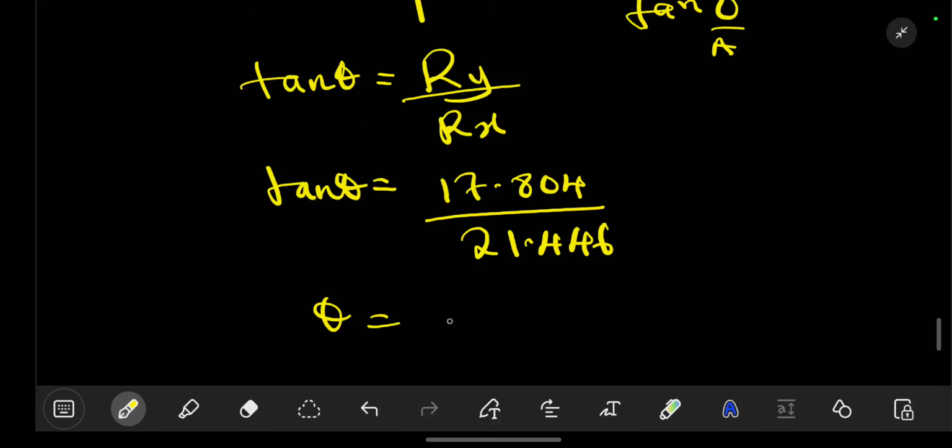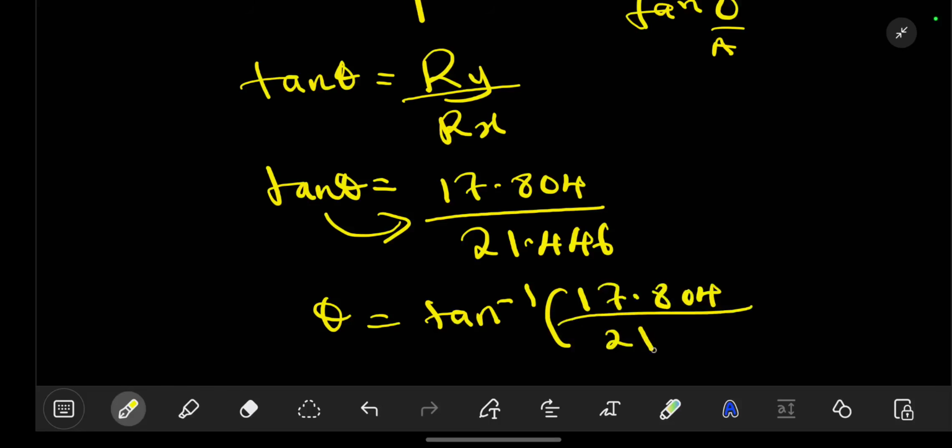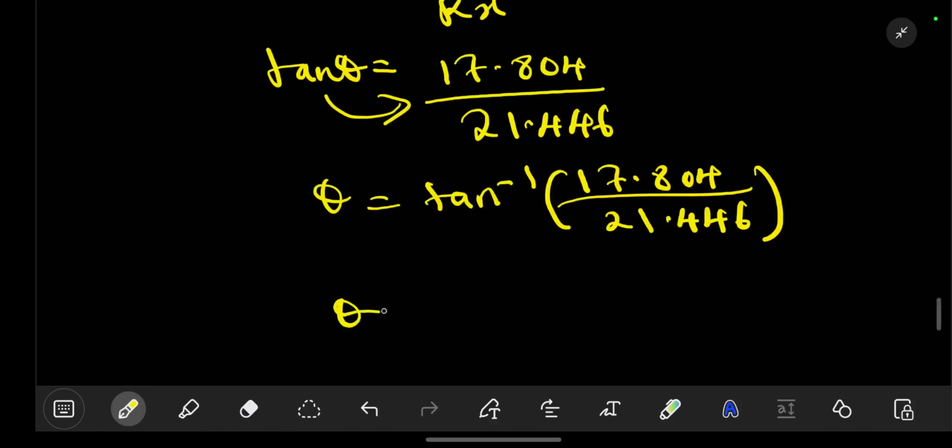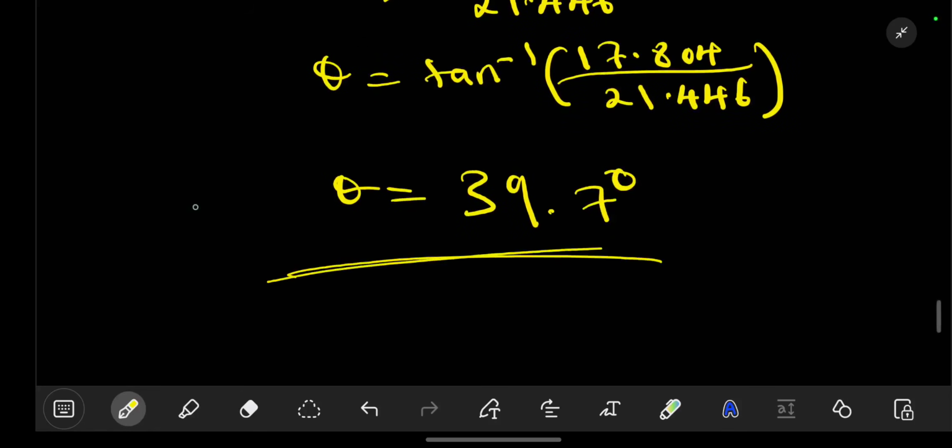Our theta will be equal to tan inverse of 17.804 divided by 21.446. The value that it gives us is 39.7 degrees. So this is the direction.